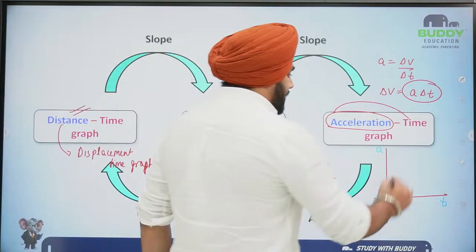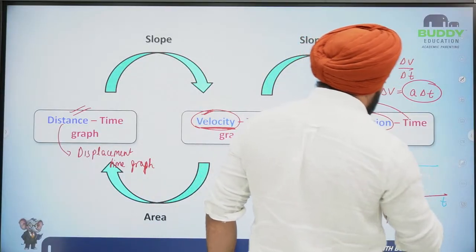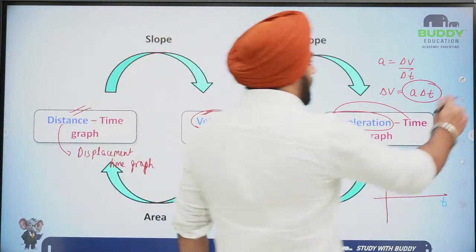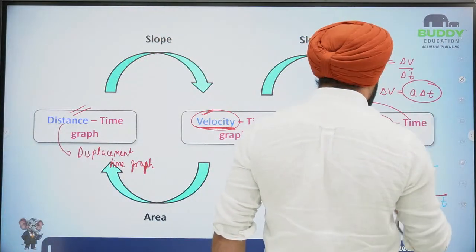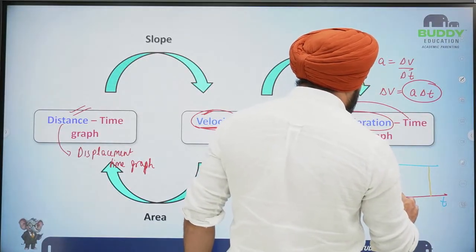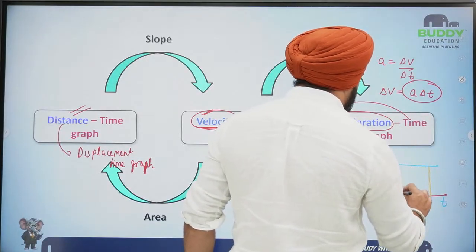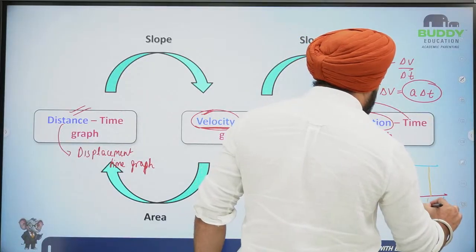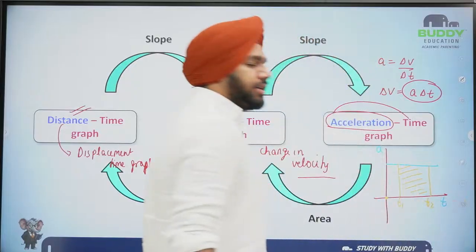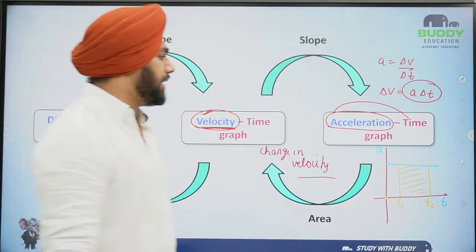Now suppose this is a constant acceleration. So acceleration is constant here. Now the area covered under this acceleration time graph. Let me find from here to here. This is say T1, this is T2. So the area covered under the acceleration time graph.